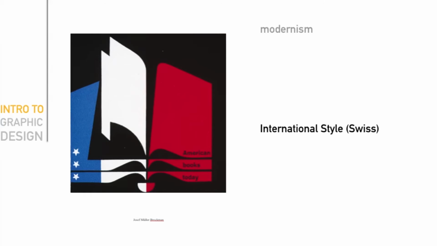So here we see within the Swiss style a strong simplicity, an allusion to certain forms to communicate libraries and books, and to certain color and common motifs to indicate the United States.